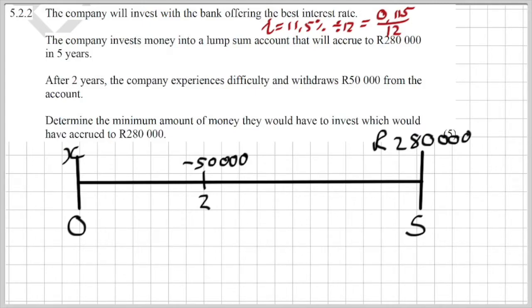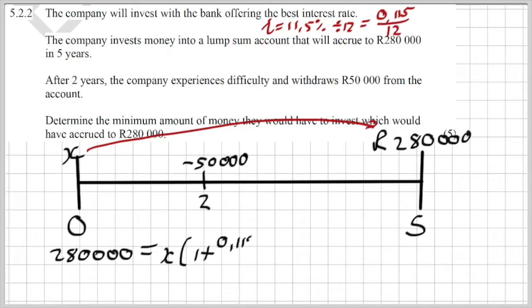Please, my encouragement to you, grade 11, is take everything to one point. In other words, take, for instance, all of the values to the 280,000. So I'm going to say that 280,000 is what my X must accrue to. For how many years?